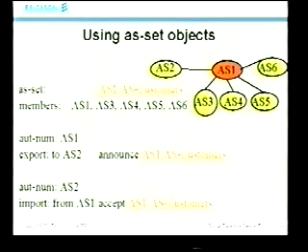Now, I know what you're thinking. What's this AS1 colon? I'll say a little bit more about that later. I'm afraid with this presentation you have to kind of work through it all first once and then come back and look at it again. AS-set names can be hierarchical.